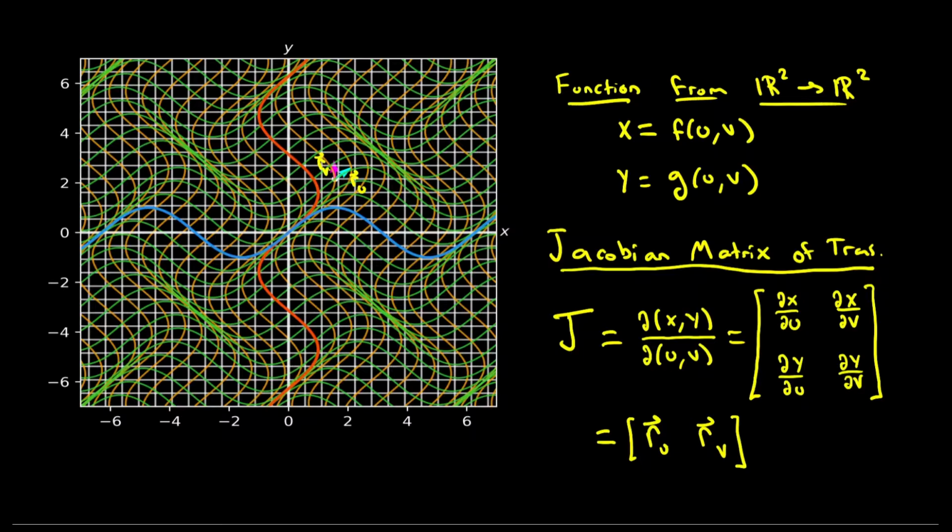And you can clearly see that if you were to do this at any other point, the same property would hold. These arrows are directly tangent to the coordinate lines in this new coordinate system, and they're telling you very useful information about how the area is changing as you go from one coordinate system to another coordinate system.